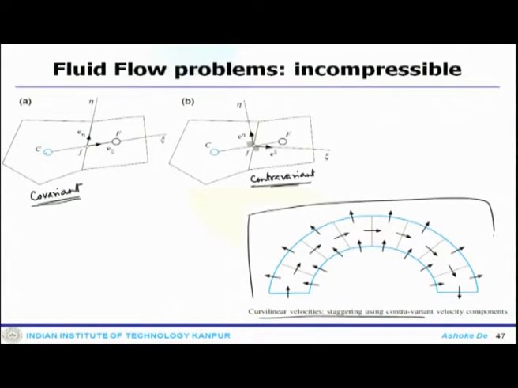So, the idea is that whenever you have some geometric complexity or an irregular geometry, you can always transform that to a regular geometry, or rather your system has to take care of those covariant and contravariant components. Now, this may lead to some complications when discretizing the momentum equations in a curvilinear coordinate system, due to the increased complexity in the treatment of all the conservative terms.